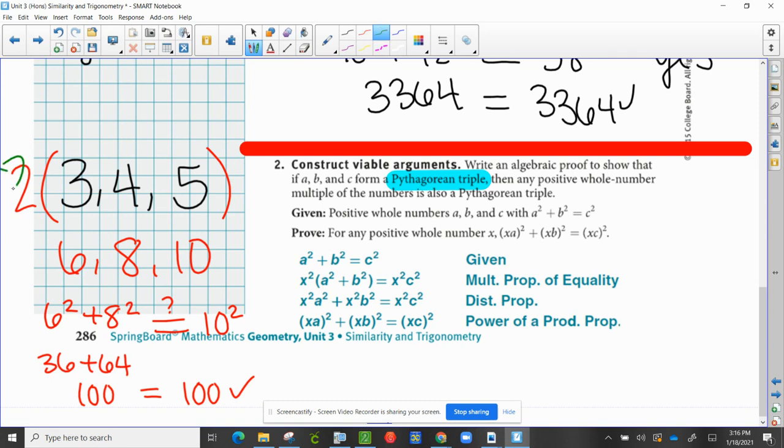Even if I took this and multiplied everything by 3, that would give us 9, 12, 15, which is also a triple. So we have an infinite number of Pythagorean triples here. If you start with one triple, you can multiply it by any number, which will form a new Pythagorean triple, which would show a right triangle.